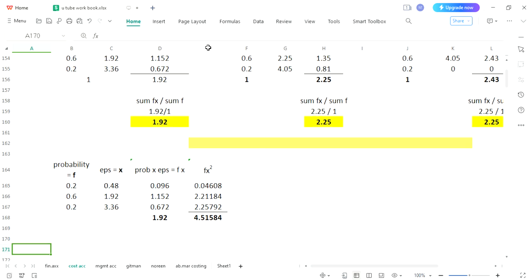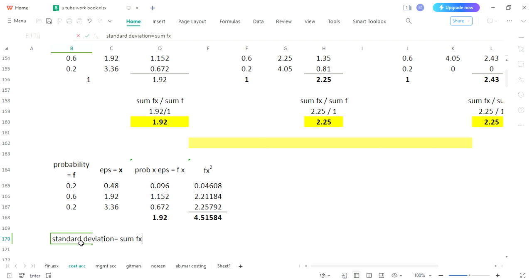For me it is so. To calculate standard deviation we have a formula. Standard deviation, for which you need sum of fx square. Okay, we can copy first. Instead of this, we will copy the statement.